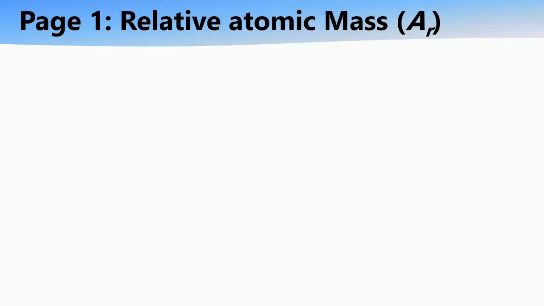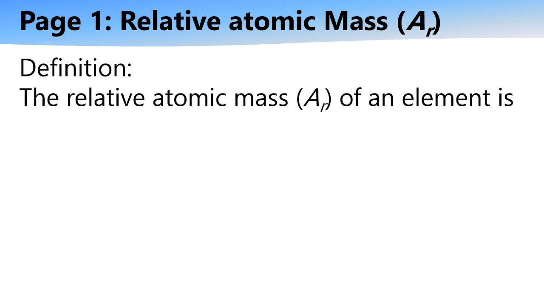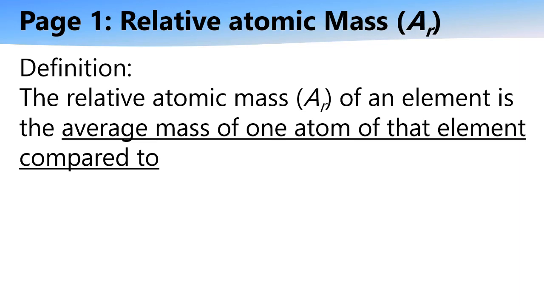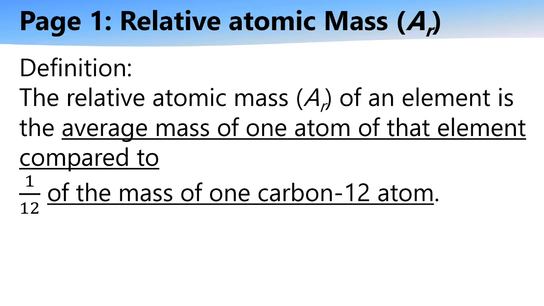If you turn to page 1 under relative atomic mass, we are going to define what is relative atomic mass. The relative atomic mass or AR of an element is the average mass of one atom of that element compared to 1/12 of the mass of one carbon-12 atom.